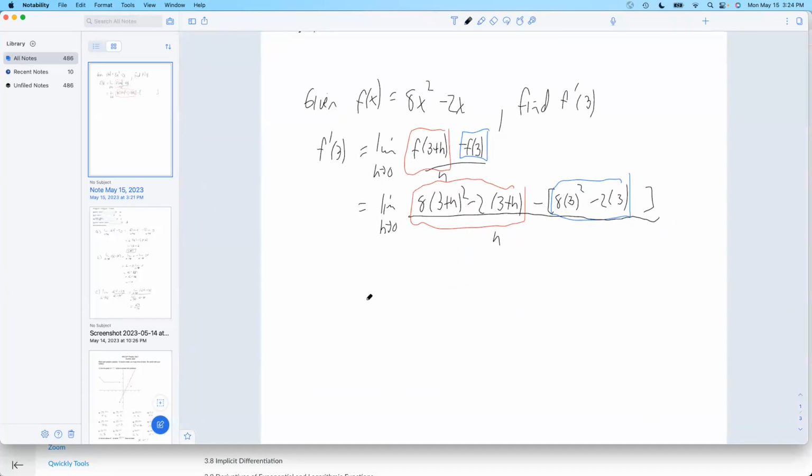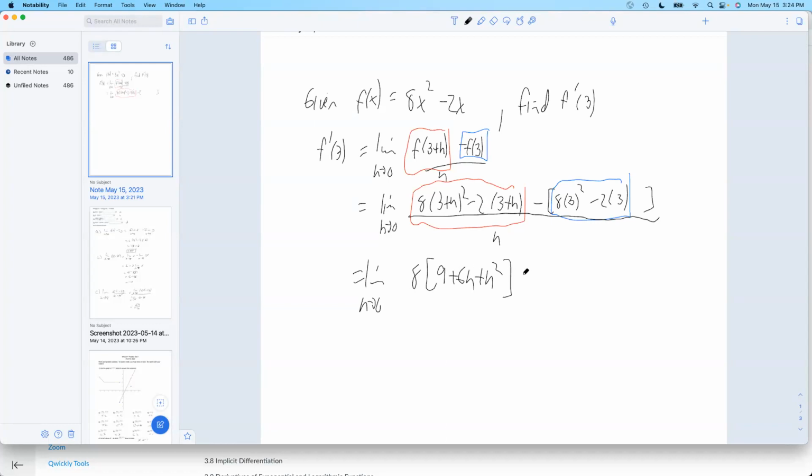Okay, let's clean that up a little bit. Limit as h approaches 0. So I'm going to get 8 times, boiling this out, you should be good at that by now. Square the first one, square the last one, and then your middle term is multiply those together and then double that. 3 times h doubled is 6h.